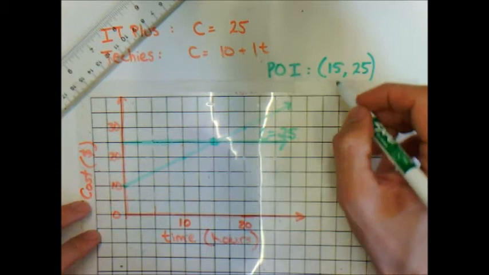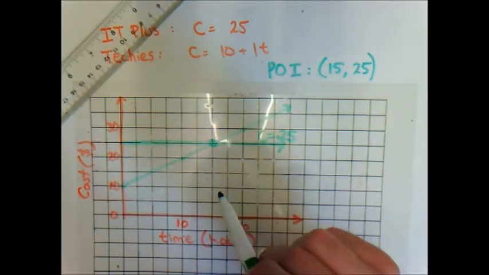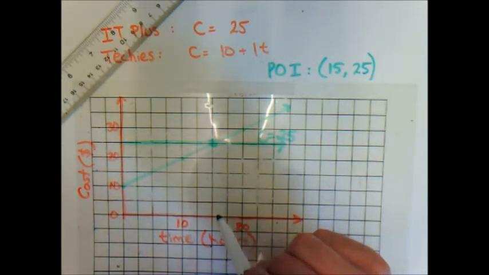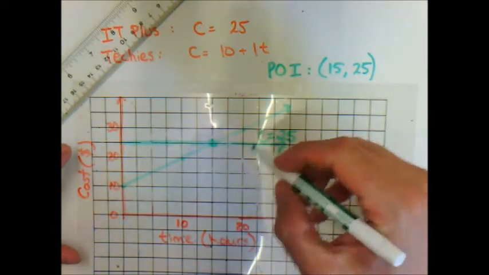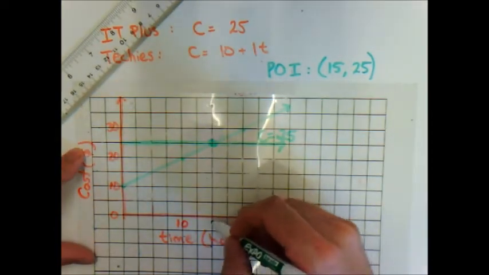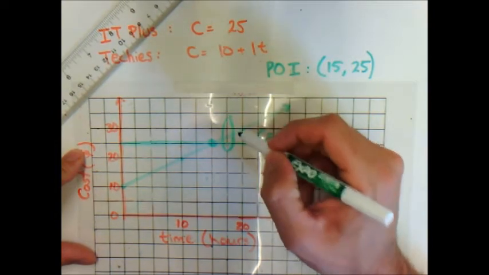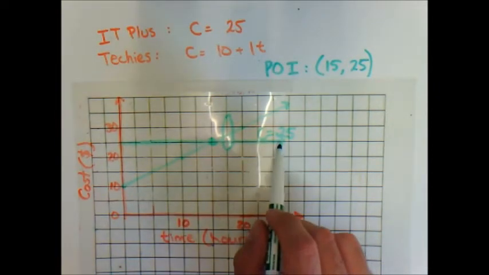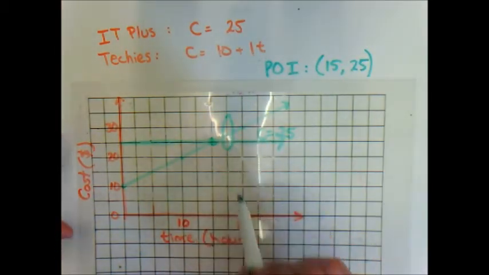So after 15 hours, the cost of both plans is $25, but we've been told that Brian and Catherine are going to use the internet for approximately 18 hours per month, which means they're over here, past 15. So which plan is cheaper if they're using it for 18 hours? That's going to be the constant rate of $25 a month from IT Plus. It's going to be cheaper at 18.